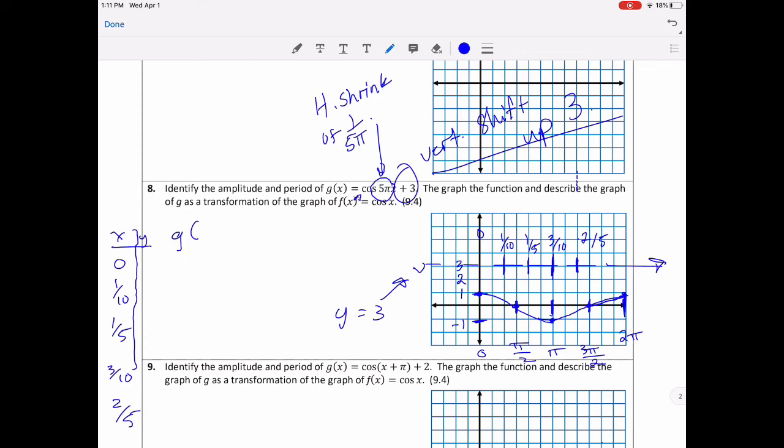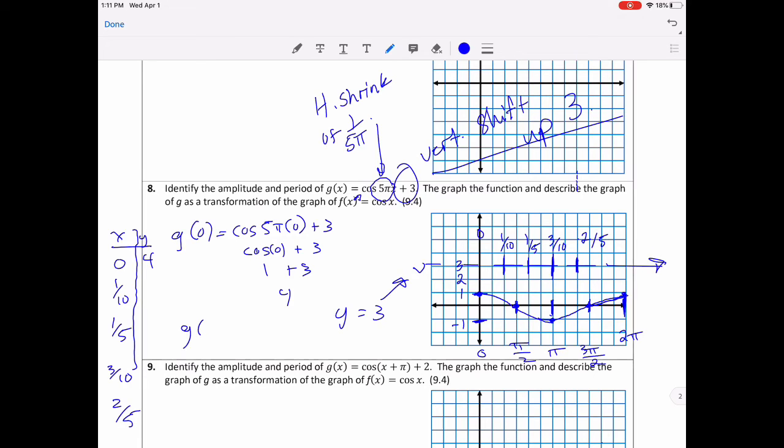g of 0, cosine of 5 pi times 0 plus 3. Okay, so 0 times 5 pi is the cosine of 0 plus 3. Well, what's the cosine of 0? Well, the x value there is 1. 1 plus 3 is 4.